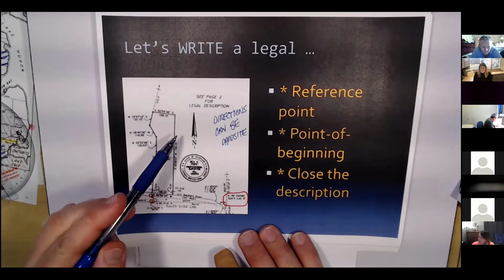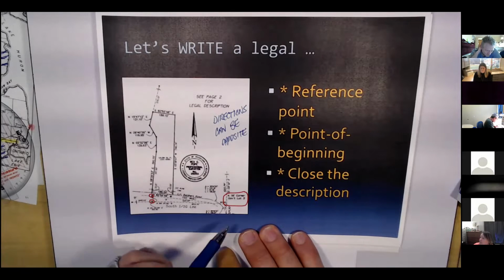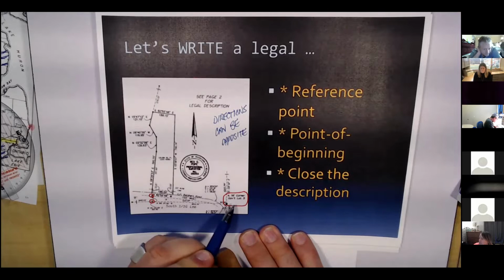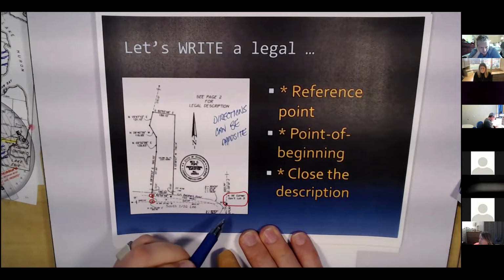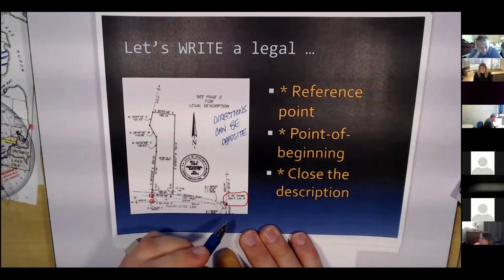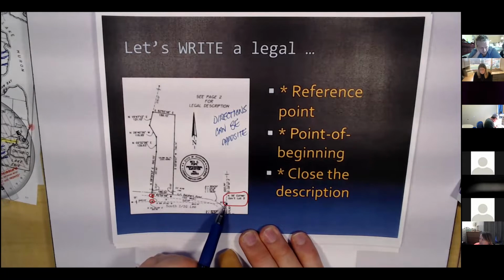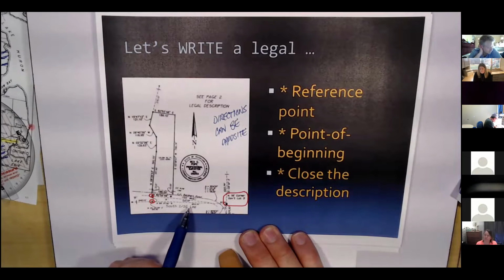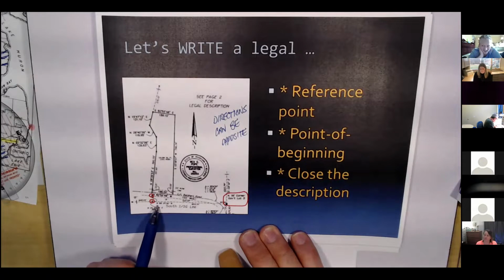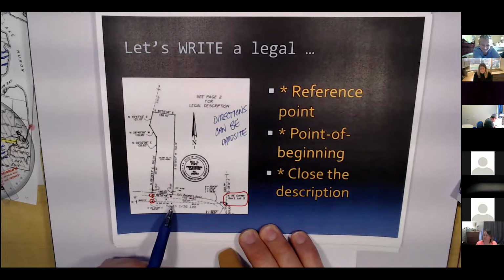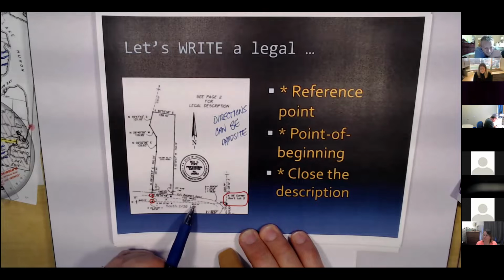This is a copy off a survey. And you'll notice here that they use as their starting point the southeast corner of Government Lot 5. It's monumented. It's already got a stake at it. If a surveyor needs to find it, they can. Now, once you have begun at this point, the surveyor is going to be going north 89 degrees west, which is pretty much west, but it's not exactly west, 853 feet.